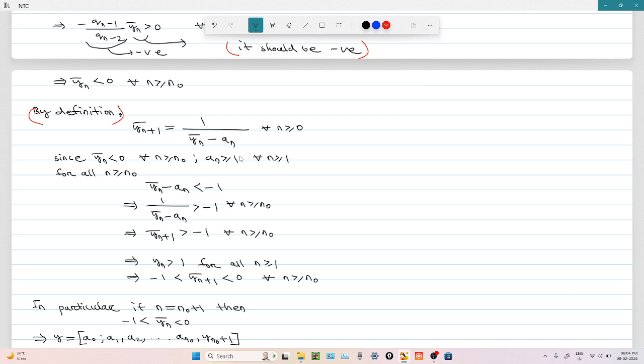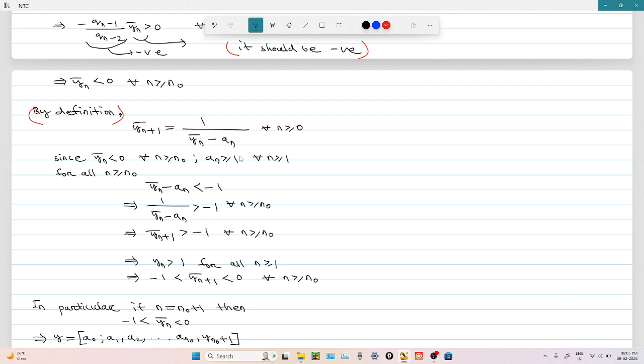Since yn conjugate is less than 0 for all n greater than n0, and an is greater than or equal to 1, for all n greater than or equal to n0 we can write yn conjugate minus an less than minus 1, then 1 by yn bar minus an is greater than minus 1.